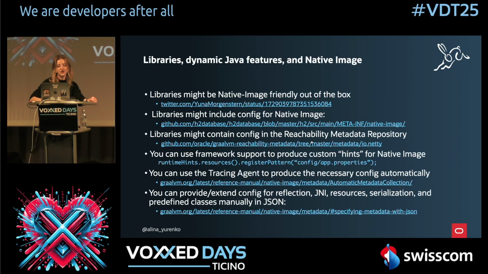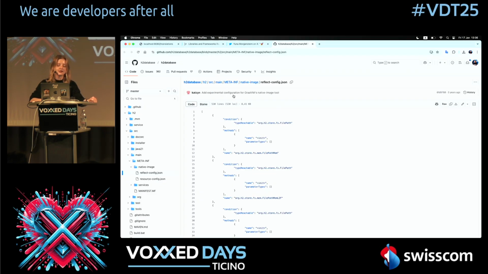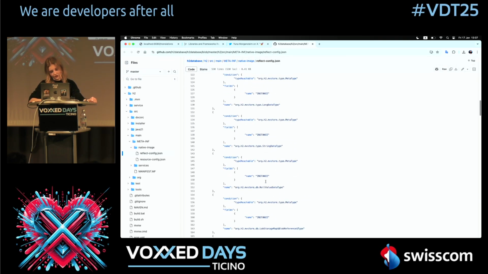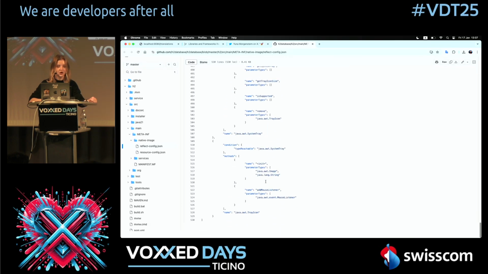But now this is not an issue anymore, because if you look at the actual H2 source code here on GitHub, you can see that there is a folder under META-INF native-image, and it includes this file called reflect-config.json. And it's a long file that instructs native image to make those things visible to your application.